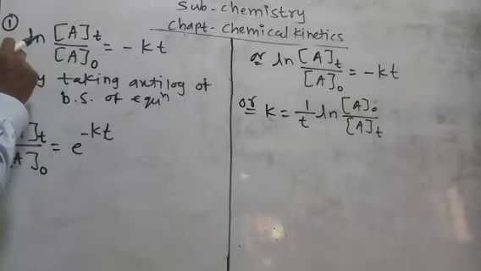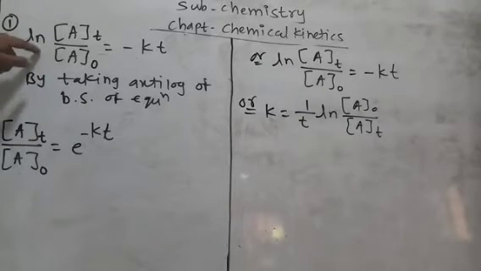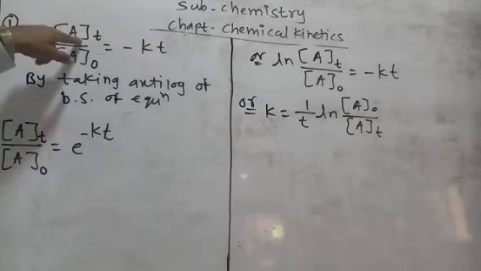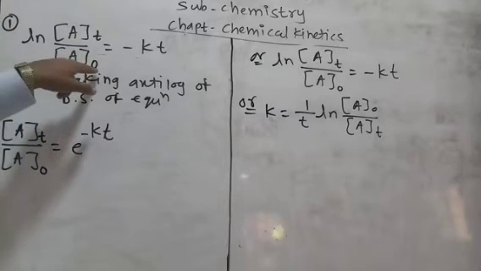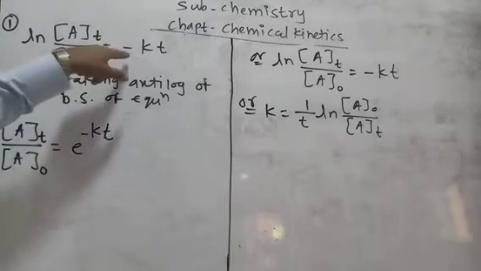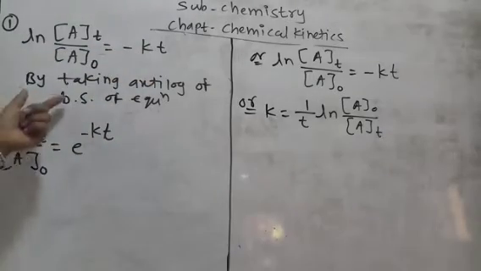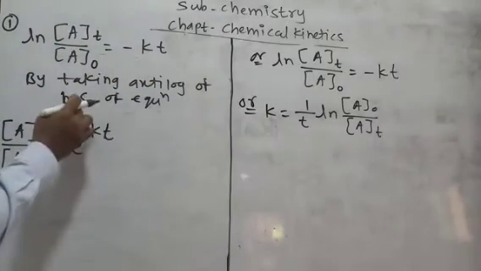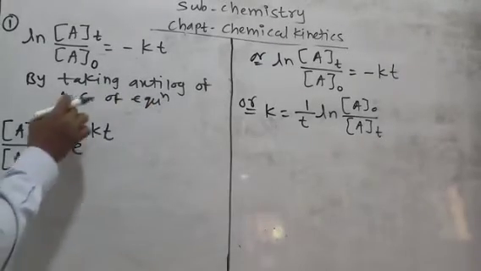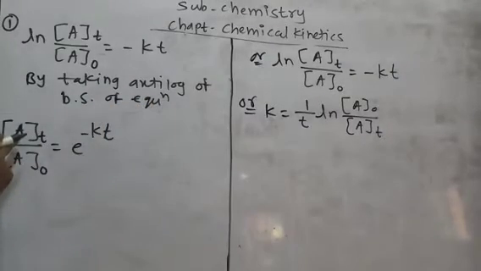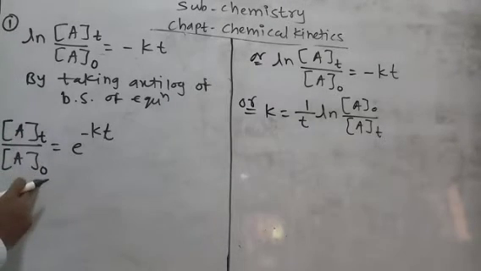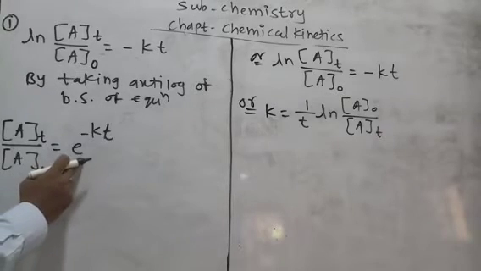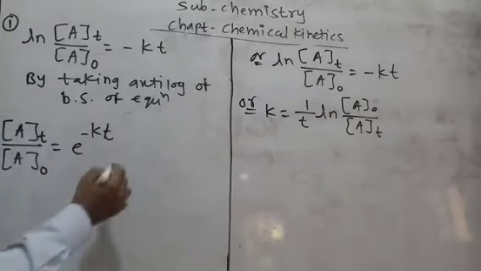The first form is, when we write the equation in the form ln of the concentration of A at t divided by the concentration of A at 0, that is equal to minus kt. By taking the antilogs of both sides of the equation, the equation becomes the concentration of A at t divided by the concentration of A at 0, that is equal to e raised to minus kt.